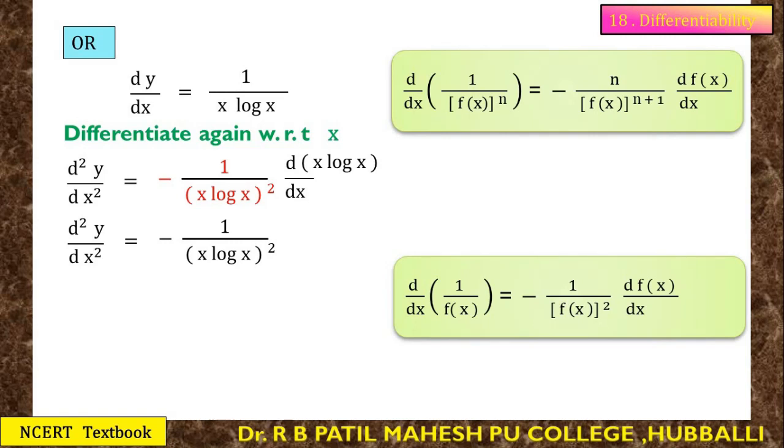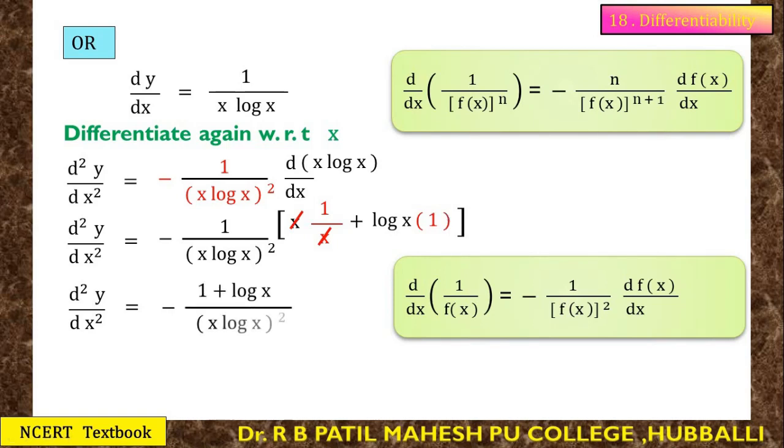Now next step, you write the derivative of the function, that is in product form. So use the product rule and write x as it is, log x derivative, plus log x as it is, x derivative 1. So here x and x get cancelled. You will get dy by dx is equal to minus 1 plus log x divided by x log x whole square.